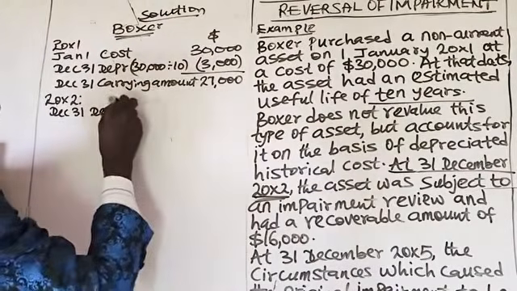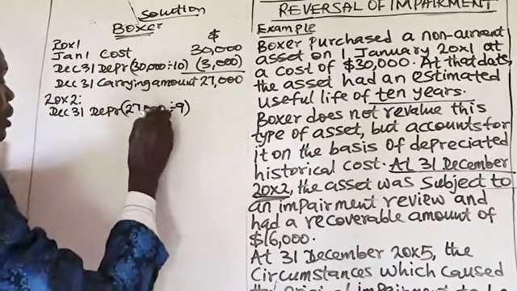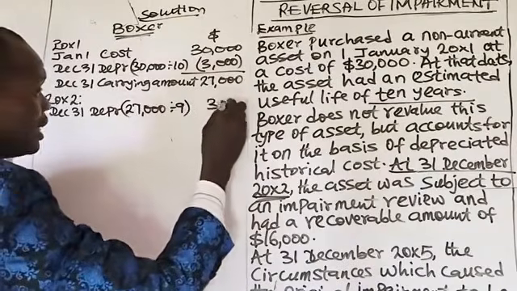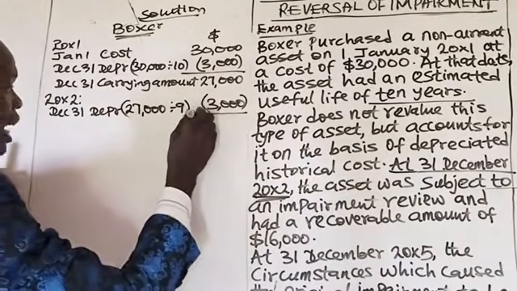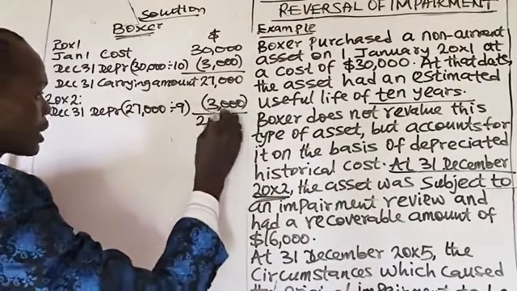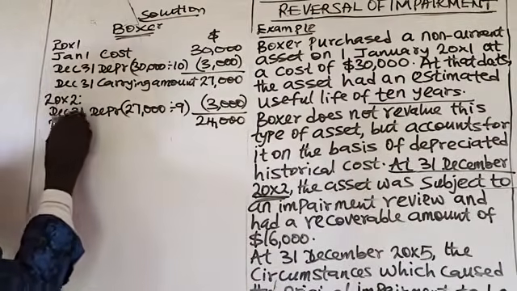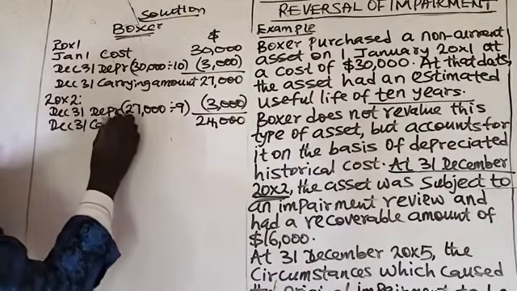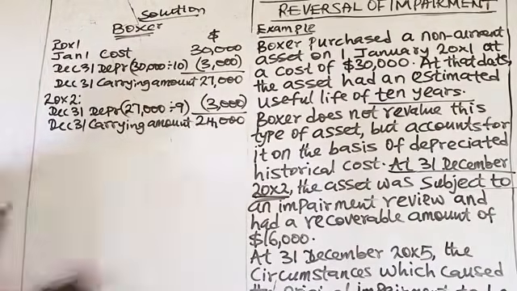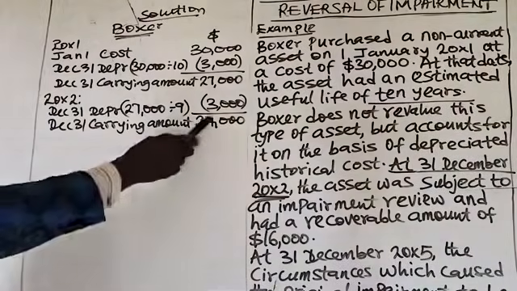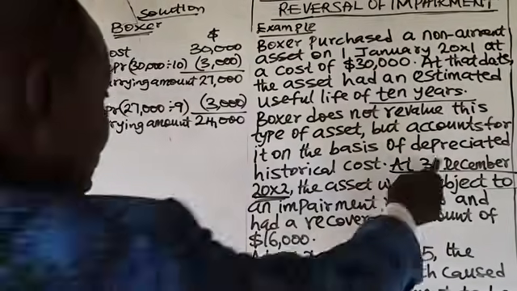Therefore, depreciation based on 9 years now will be 27,000 divided by 9. That gives us 3,000 as well. It means in the second year of the asset, you'll be having the carrying amount of 24,000. If you subtract 3,000 from 27,000, as at December 31st, you have the carrying amount of 24,000. It is at this date that the asset was reviewed for impairment.